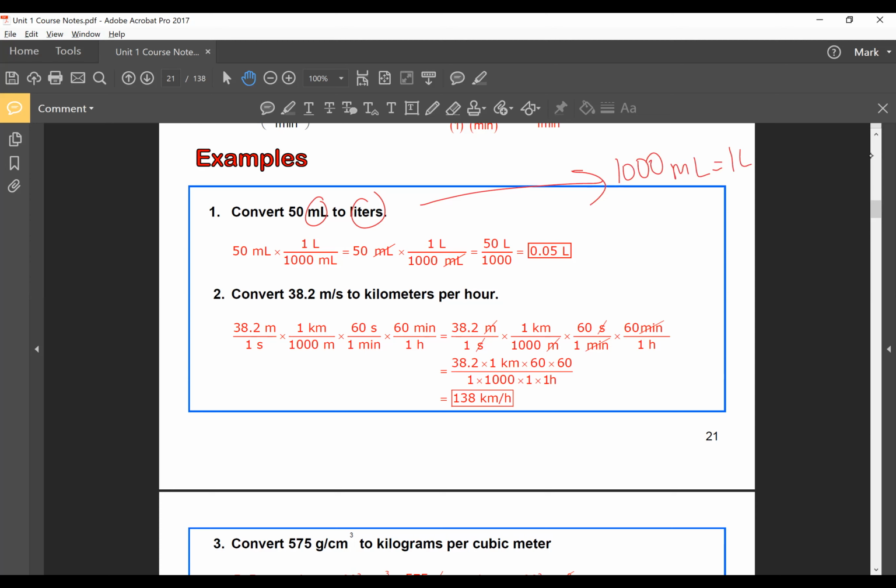So to convert from 50 milliliters to liters, I turn that into a fraction and make sure the milliliters are on the bottom, the denominator, to make them cancel. So 50 divided by 1,000 gives my answer, 0.05 liters.